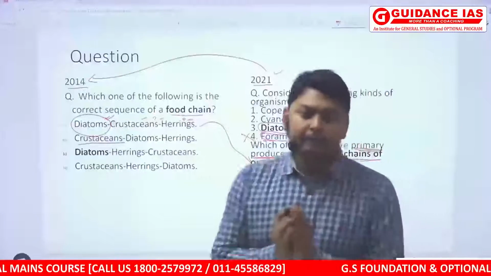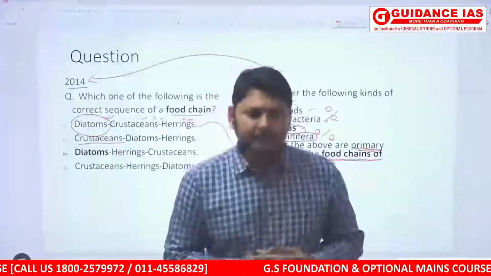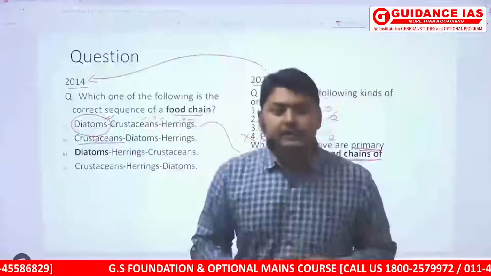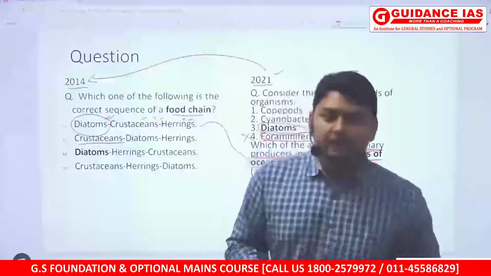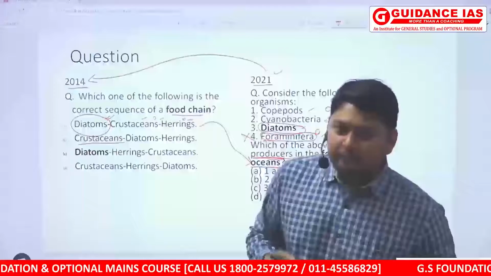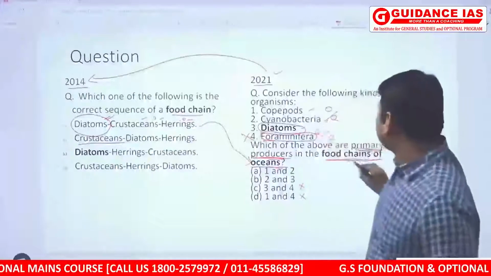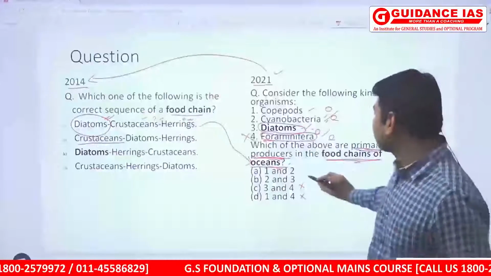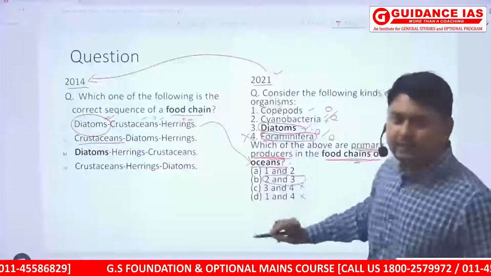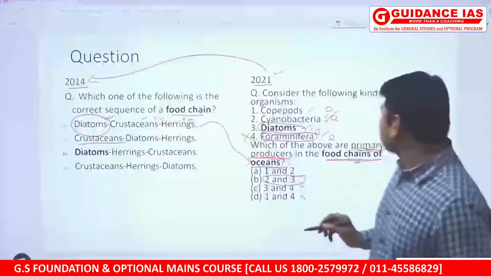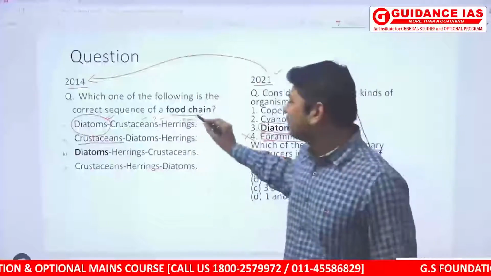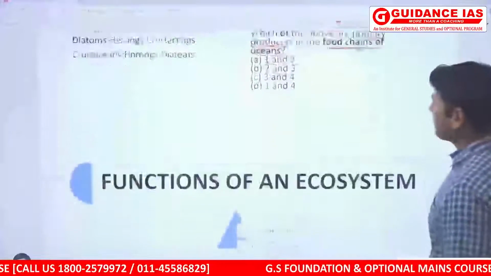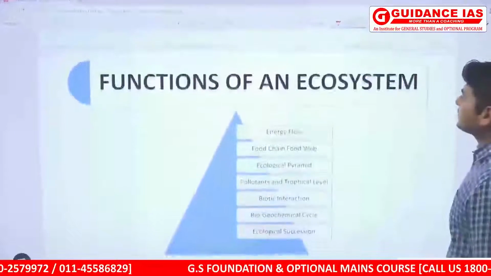If we have that basic idea of how the organisms evolved, and which were the organisms that produced oxygen, we will be able to solve this question: in the oceans, cyanobacteria and diatoms are basically the primary producers, and here we have seen the same thing. Now we will be going further on the functions of an ecosystem.